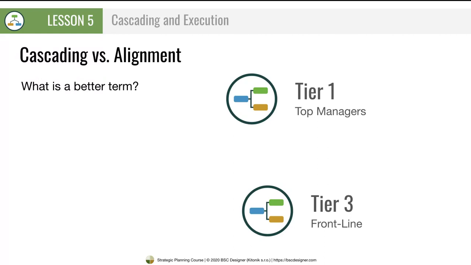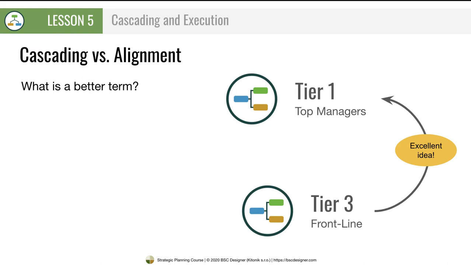Imagine that we're discussing strategy and someone from the frontline business unit suggests an excellent idea. Should we consider it in the high-level strategy? Absolutely. In this case, the cascading term doesn't really help, as it implies the top-to-bottom approach.